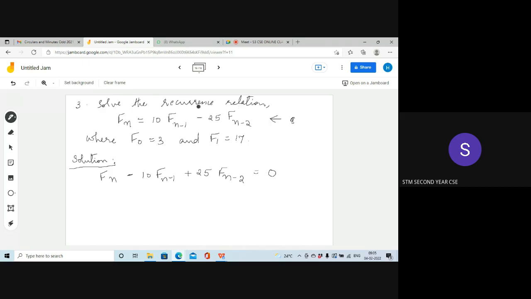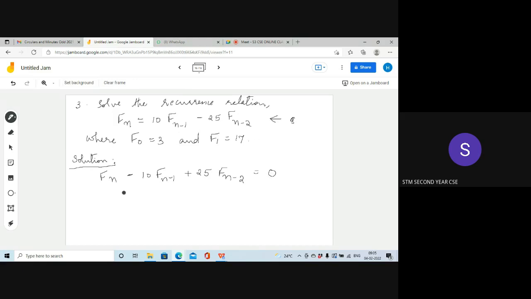I had brought all these f_n terms. This is one f_n term, this is the coefficient of the f_n term. So I have brought all these f_n terms to the left-hand side. f_n minus, when +10 f_(n-1) goes to the other side, it becomes -10 f_(n-1). And +25 f_(n-2) goes to the other side, it becomes +25 f_(n-2) = 0.